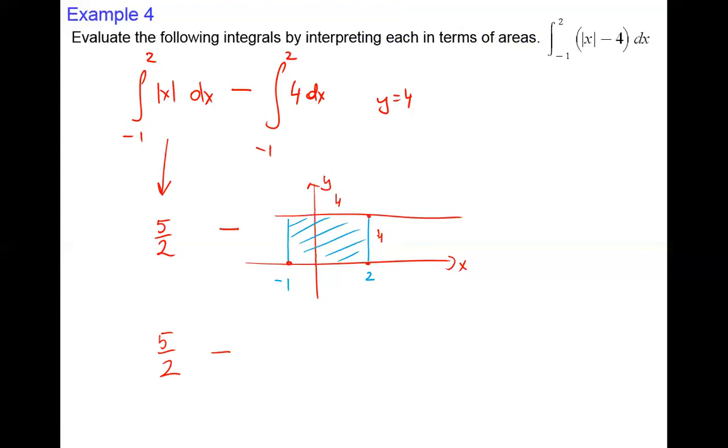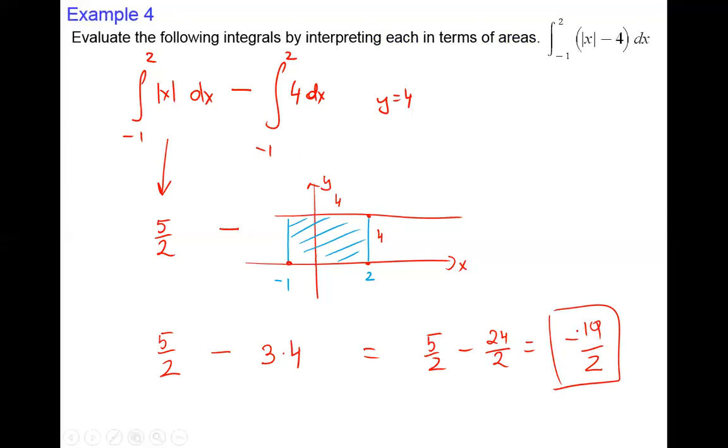Height, of course, is 4, and base is 3 because it's 3 units between -1 and 2. Okay. 5 halves minus 12. 12 I can rewrite as 24 over 2, so negative 19 over 2. I think this makes sense.